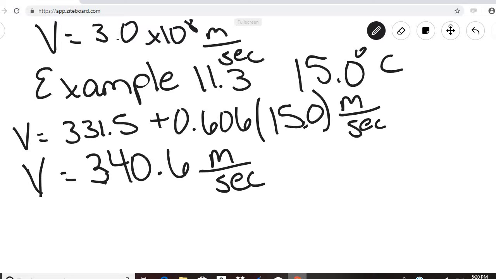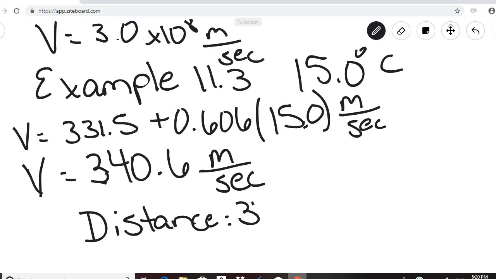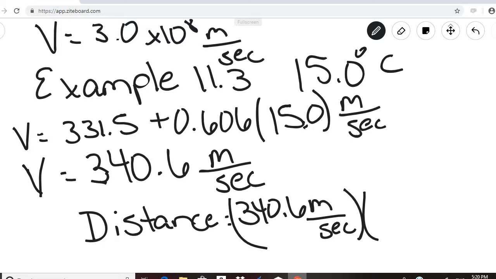Okay, so now we know that distance is equal to velocity. So we have the velocity as 340.6 meters per second times 1 second.